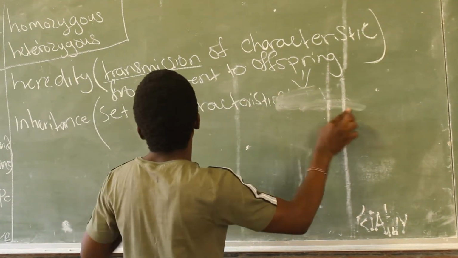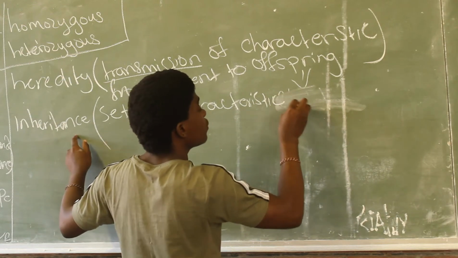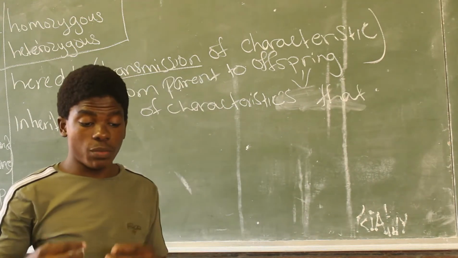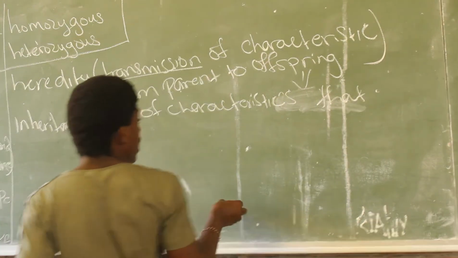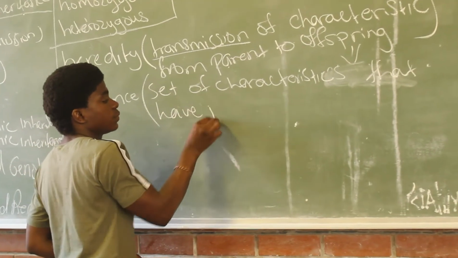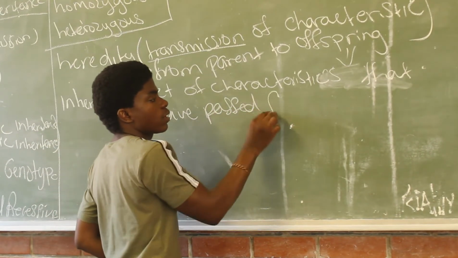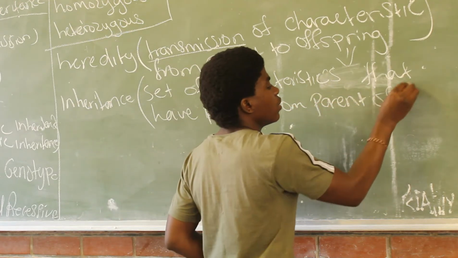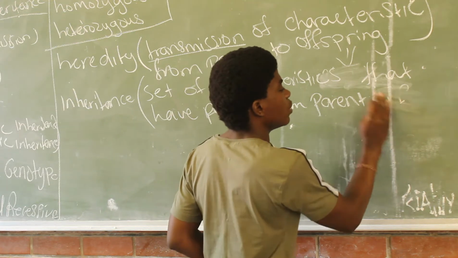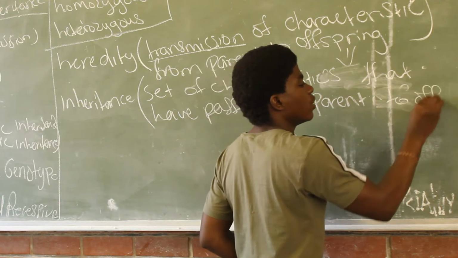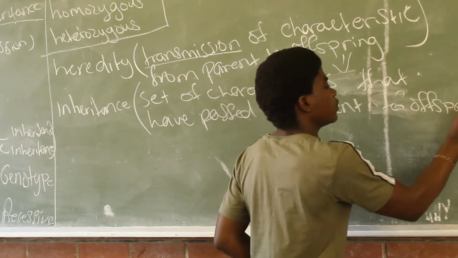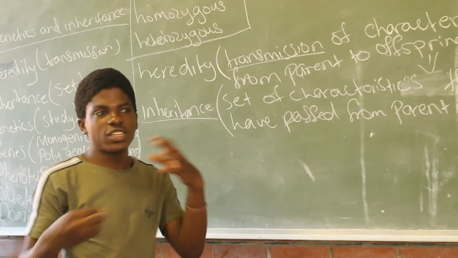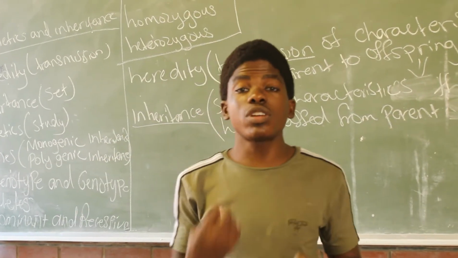So now when we talk about inheritance, we are talking about the set of characteristics that we have gotten from our parents, that have been passed on from parents to offspring. So we all know inheritance in general English.